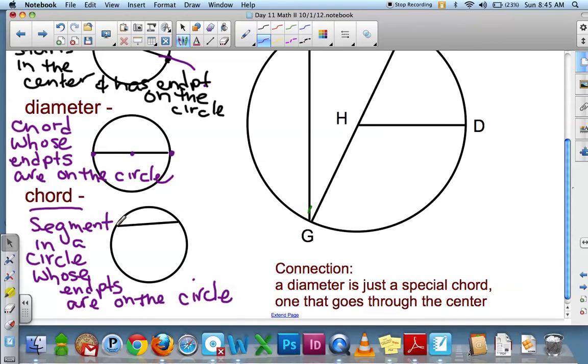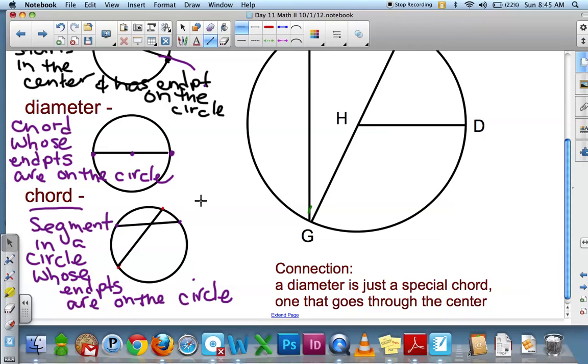Like in this case, if we just drew 2 dots someplace on the circle, any points, and then drew the line through them, that's a chord. I could draw a chord from this point that I just drew to the next point, and I can actually just draw another chord.